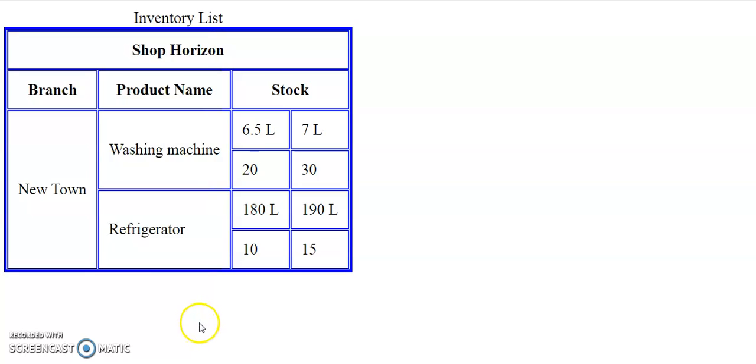Okay, now by default, as you can see, your table appears at the left margin, meaning it is by default left aligned. But using the align attribute of table, you can make your table appear at the center location or at the right position.